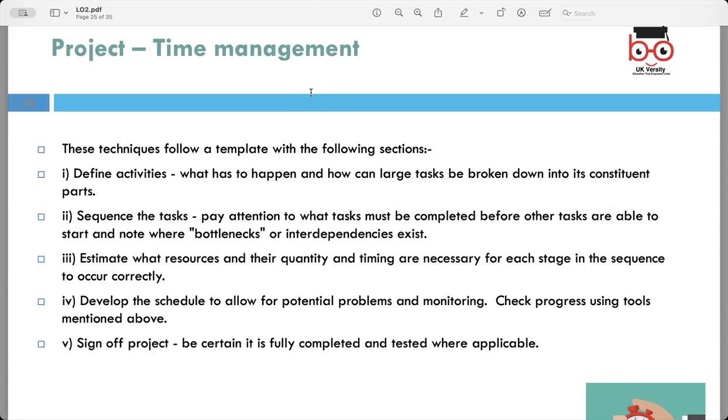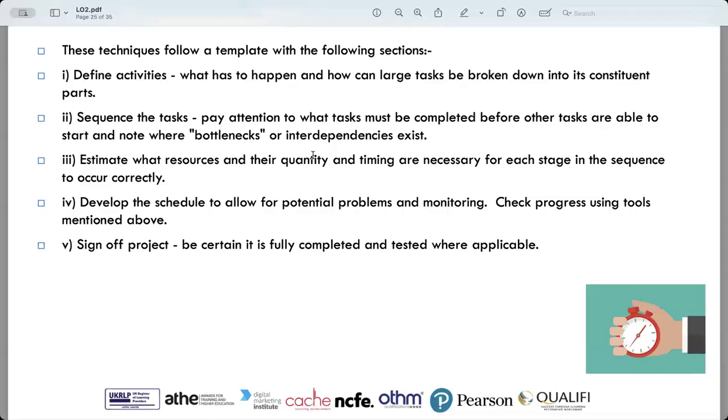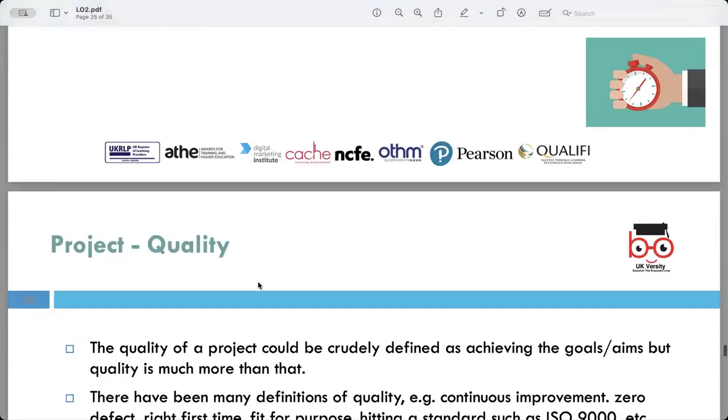After that, build a schedule that allows for potential problems. Don't make it too tight. Leave some space to adjust if things don't go as planned. And finally, when everything is completed, review your work and make sure it meets your original goals before signing it off as done.